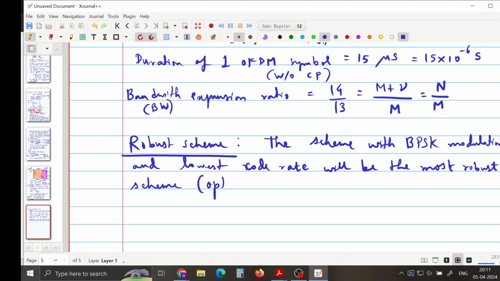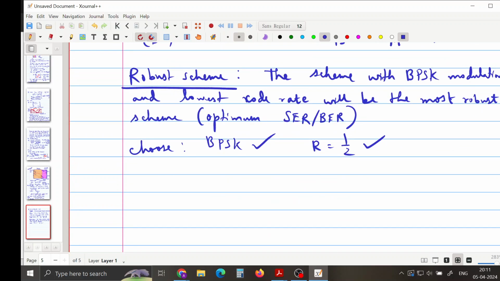I mean optimum symbol error rate or bit error rate, okay, whatever. SER is symbol error rate, BER is bit error rate. So therefore the choice is BPSK and the code with rate half, because that's the minimum value.